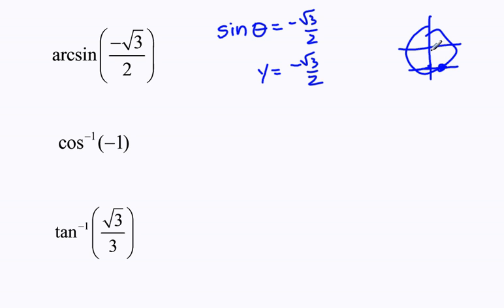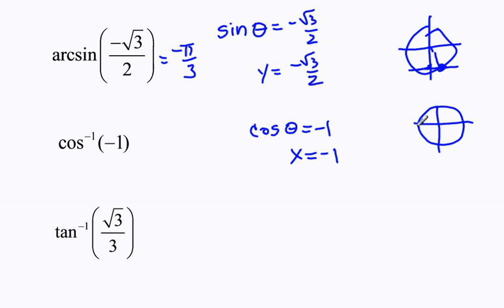I want this one. And let's see, if I was up here, it'd be pi over 3. So down here, it's negative pi over 3. Inverse cosine of negative 1 means cosine of theta equals negative 1, which means I want an x-coordinate of negative 1. The x-coordinate is only negative 1 one time, way over here at pi.